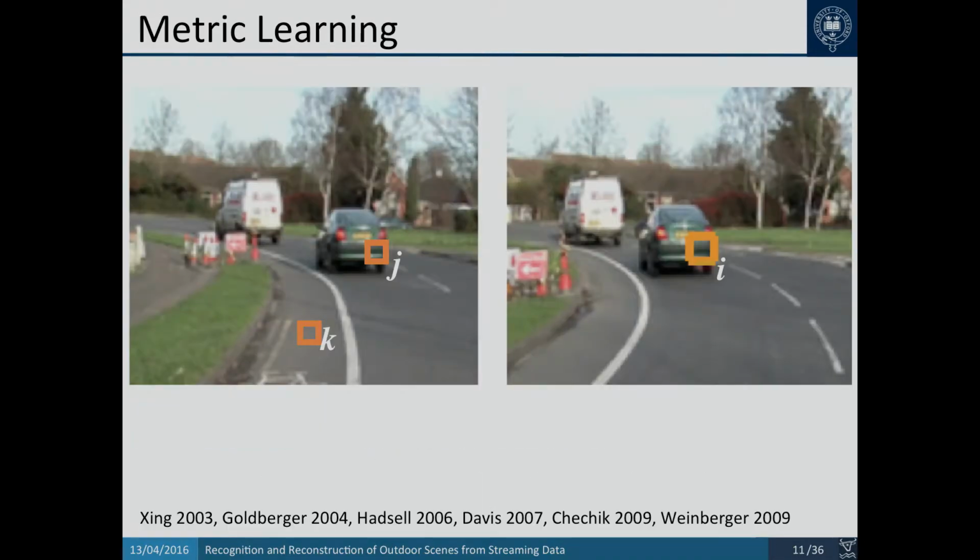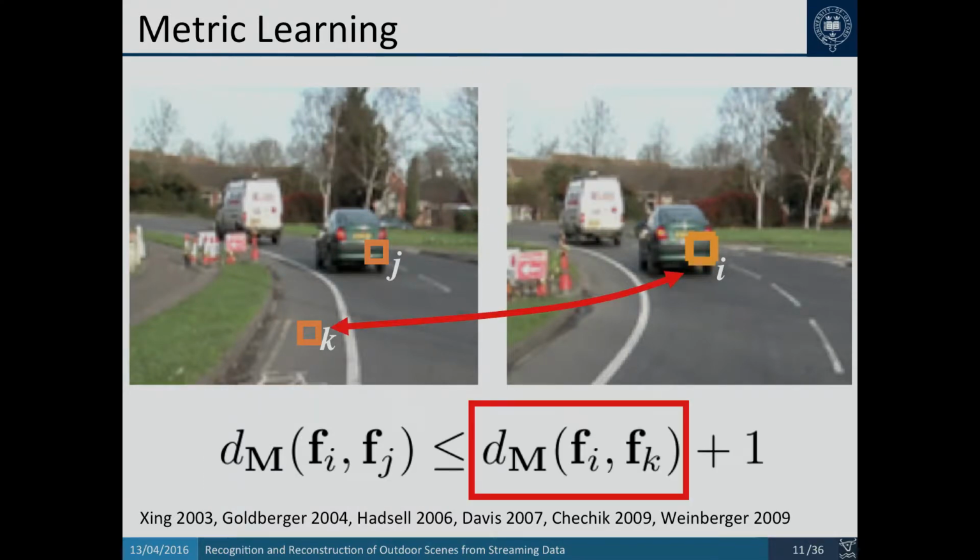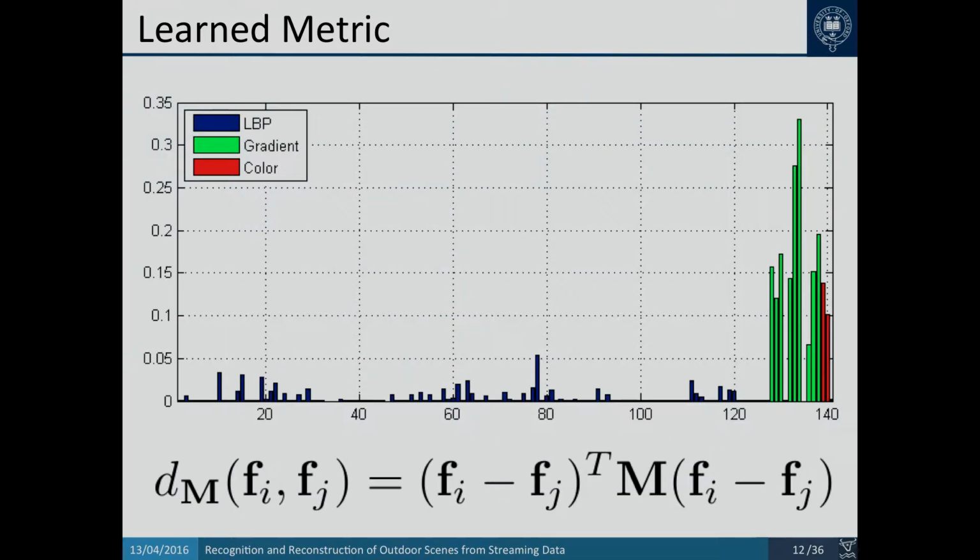So instead of this, we can actually learn a similarity metric in the max margin framework, such that we say that we want the distance between pixels corresponding to the same semantic class to be smaller than the distance between pixels corresponding to different semantic classes by some margin. And this can be formulated as a quite simple convex optimization program, and if you collect a data set of such samples and solve it, you would learn a similarity metric that looks, for example, like this.